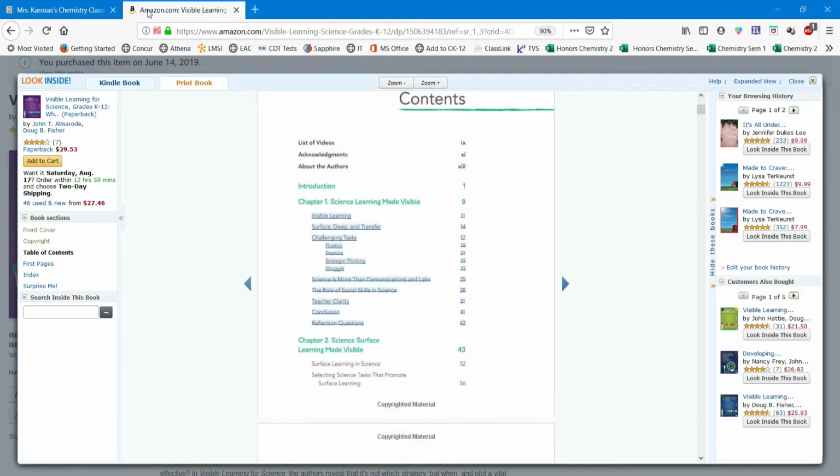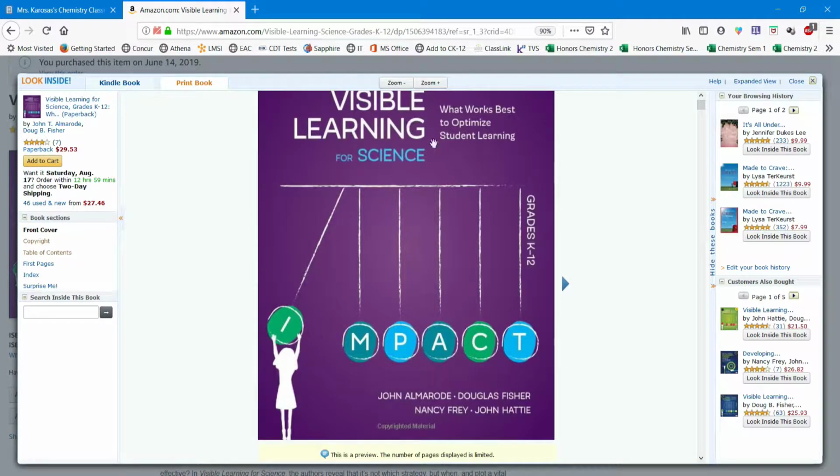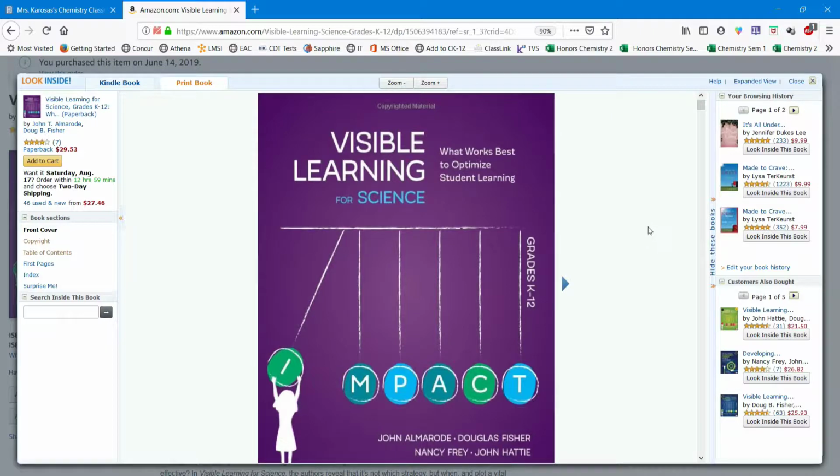The other one, again, just to provide you with context for how and why I'm making this plan that looks like it does in the Word file, is visible learning. This is something I picked up in a blog last year that I followed through with over the summer by reading the book. The book is entitled Visible Learning for Science: What Works Best to Optimize Student Learning. I just personally think it's a great book.